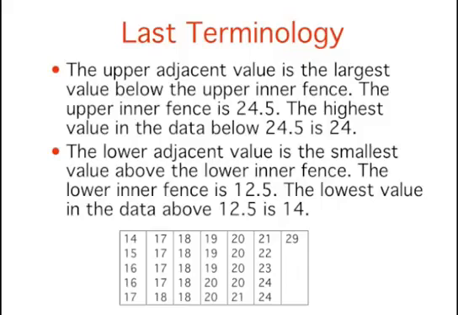Therefore, the upper adjacent value is 24. Similarly, the lower adjacent value is the lowest value above the lower inner fence. The lower inner fence is 12.5, and the lowest value in the data above 12.5 is 14. Note that it is not uncommon for a lower adjacent value to be the lowest value in the data.